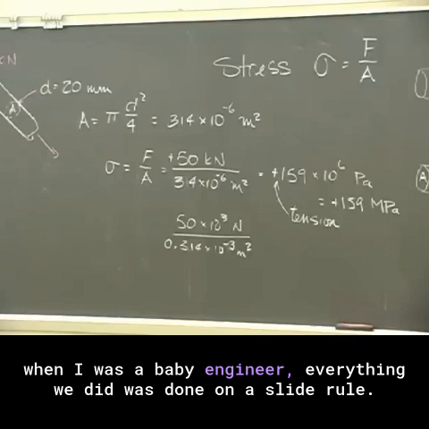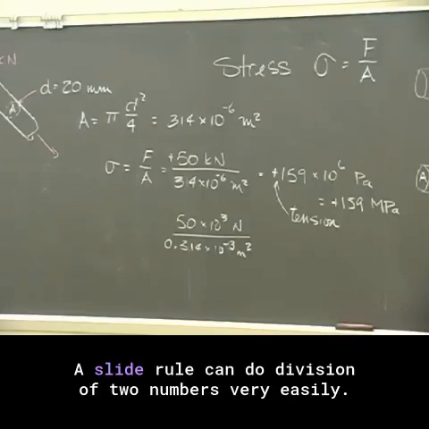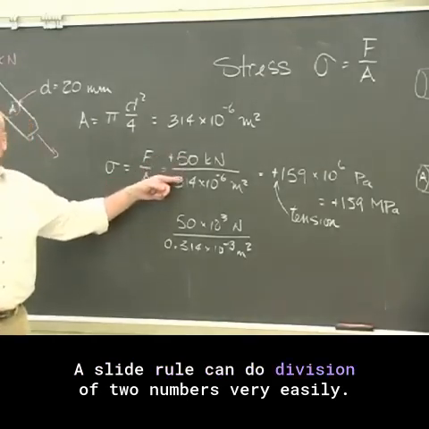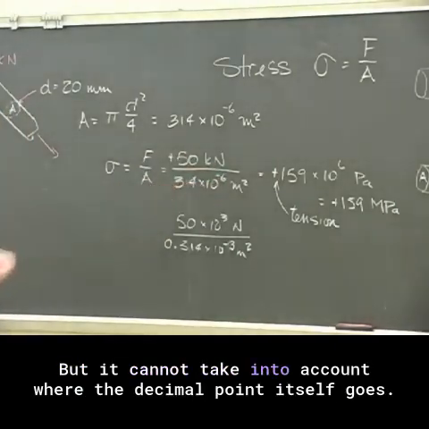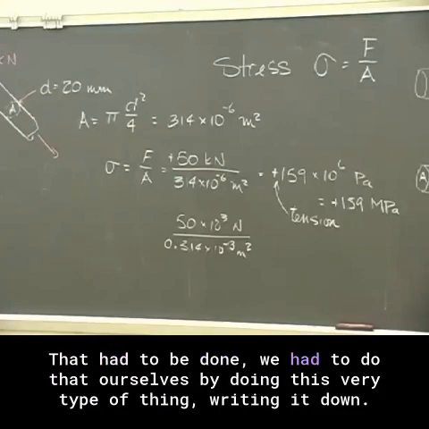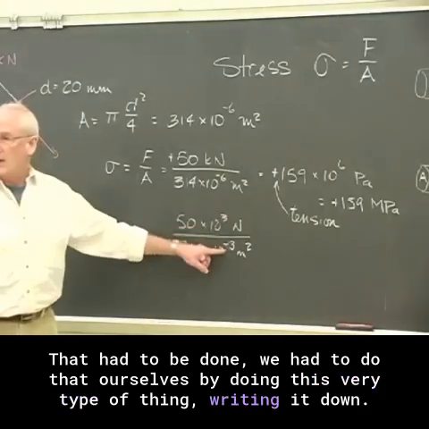When I was a baby engineer, everything we did was done on a slide rule. A slide rule can do division of two numbers very easily, but it cannot take into account where the decimal point itself goes. We had to do that ourselves, by writing it down.